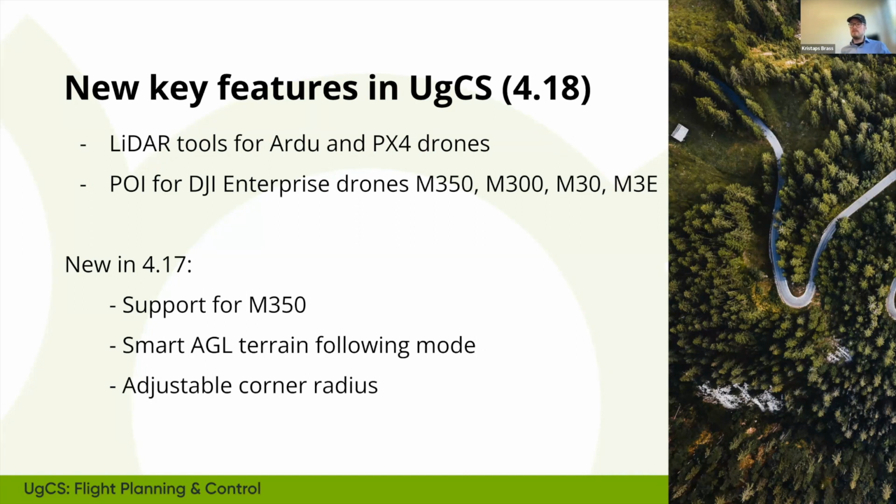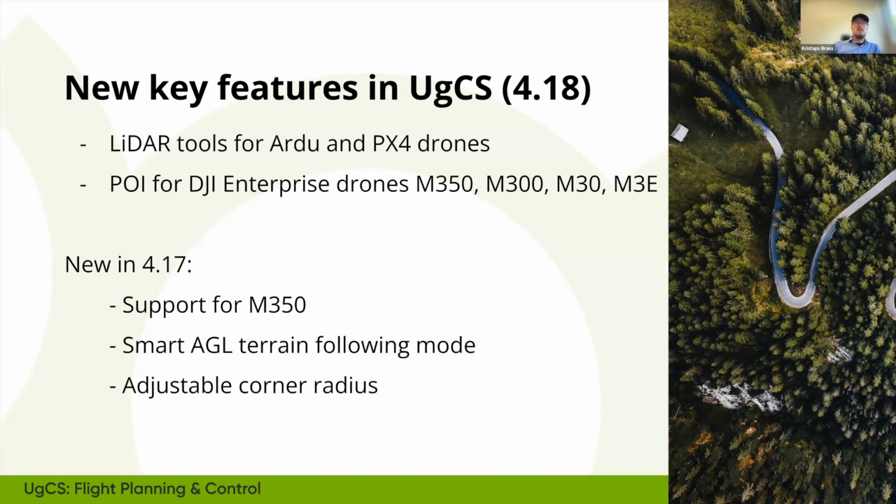The main implication is that when you need to plan flights using the LiDAR's field of view angle, you can now do this for these drones as well. Previously, this was only for DJI Enterprise level drones which can carry LiDAR: M600, M300, M200, and M350. But now LiDAR tools are available for essentially all drones.